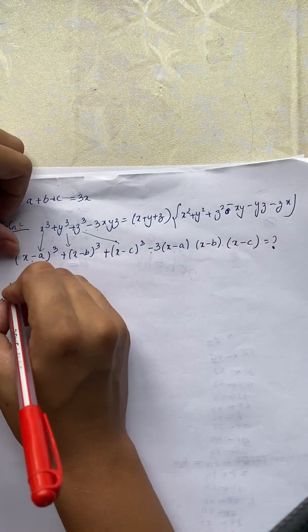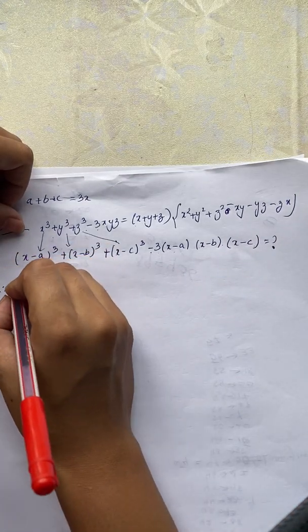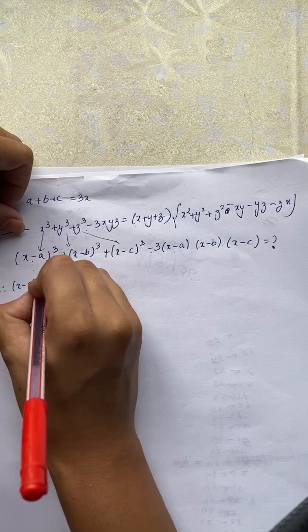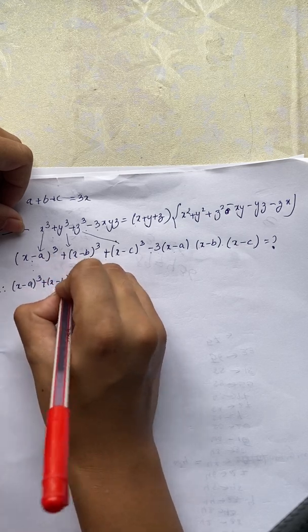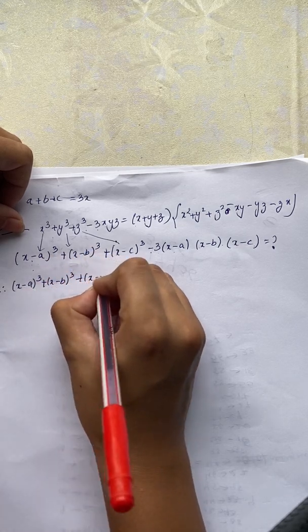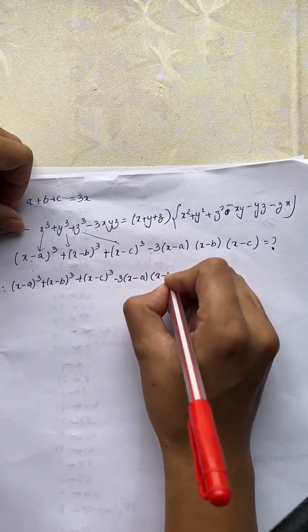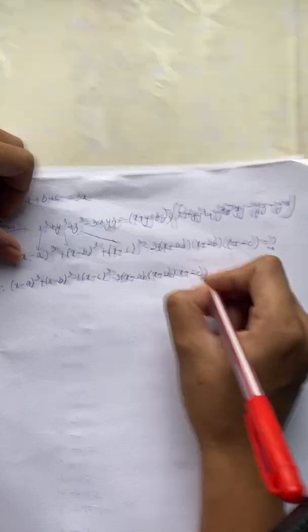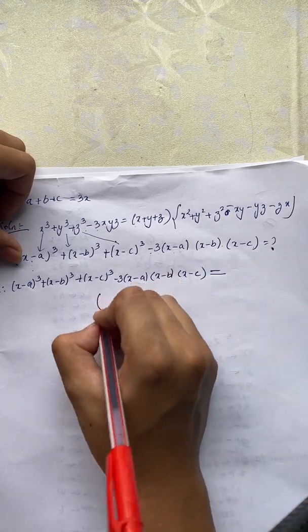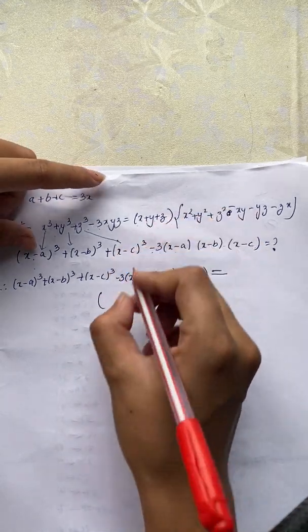Therefore, I can write this: x minus a cube plus x minus b cube plus x minus c cube minus 3 times x minus a, x minus b, x minus c. This is equal to x plus y plus z. What is x here?